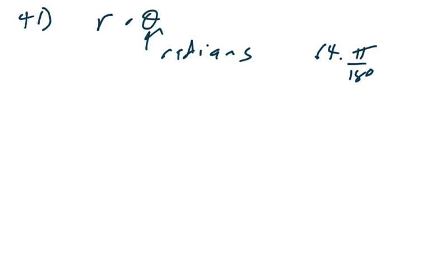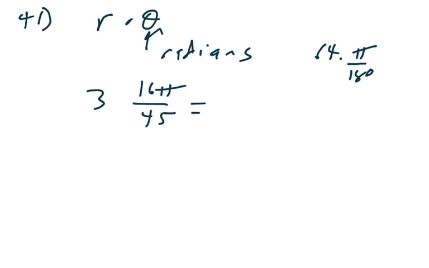So 64 over 180 is 16 over 45, so that would be 16 pi over 45, and the radius is 3 feet, so you multiply 3 times 16 pi over 45, and you actually include the pi in there, and you get 3.35.